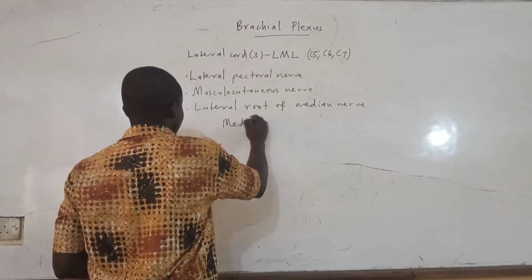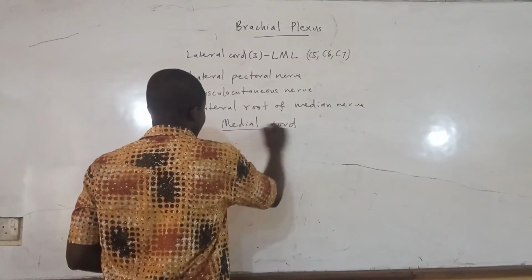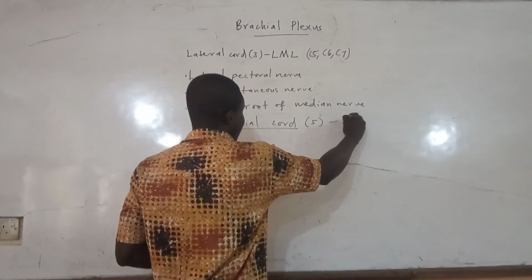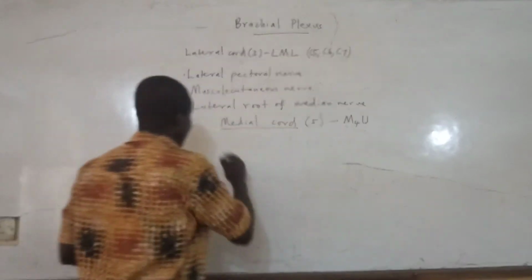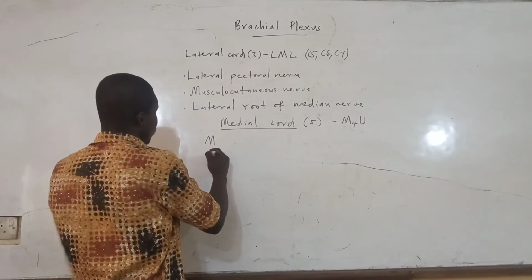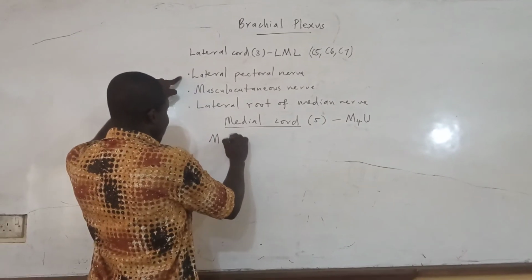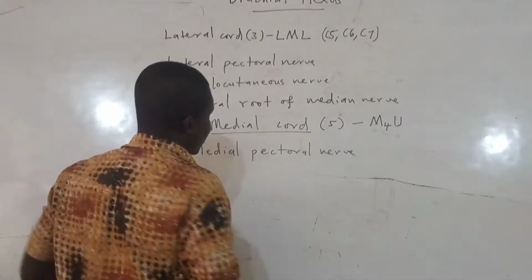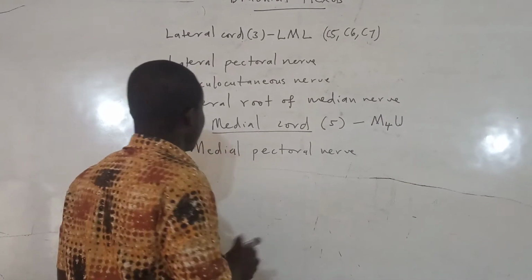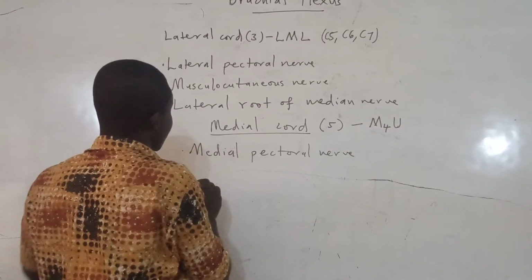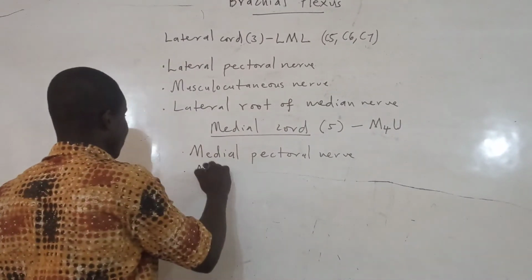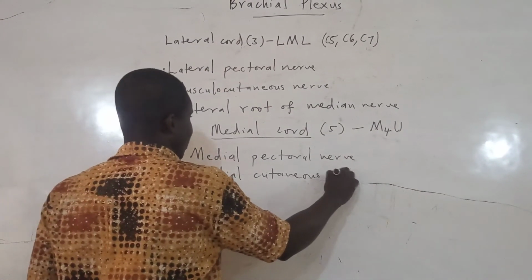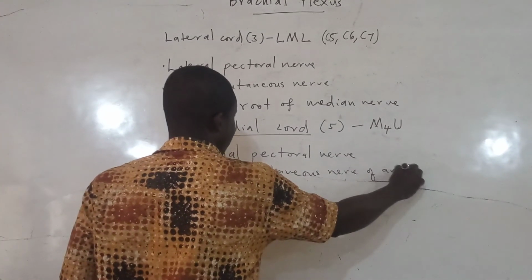Now, how about the medial cord. We said that the medial cord is going to give us 5, and it is simply by this mnemonic M for U. So there are 4 M's. So first M is the medial pectoral nerve. You go to another M, that's the medial cutaneous nerve of the arm.